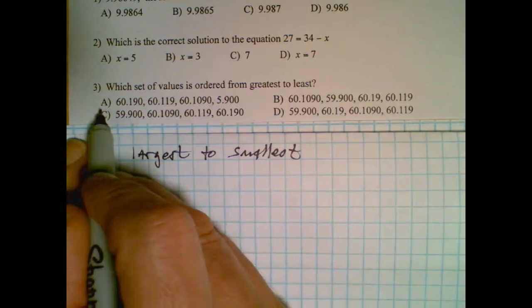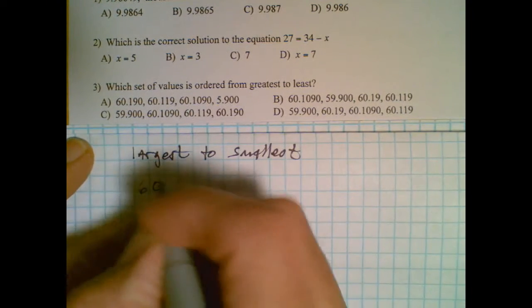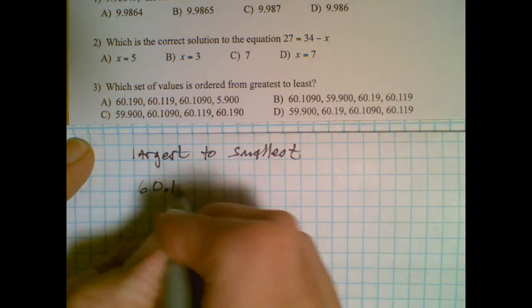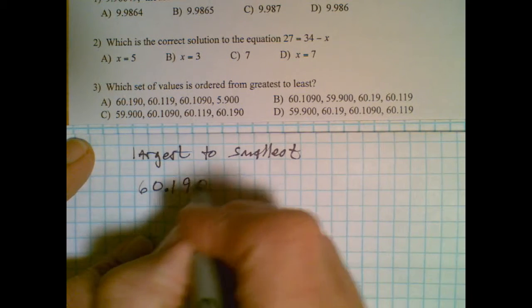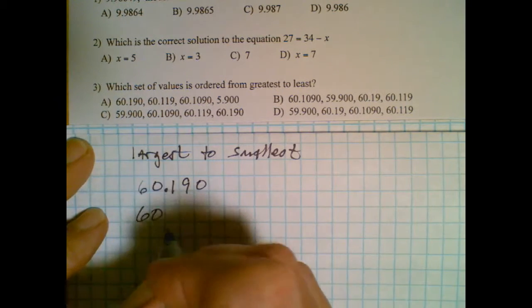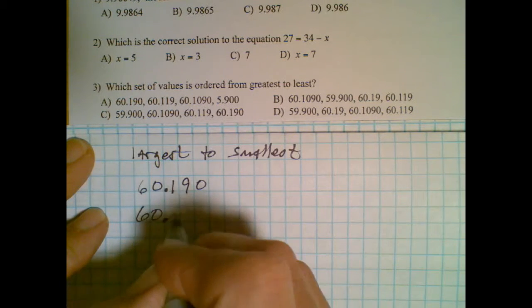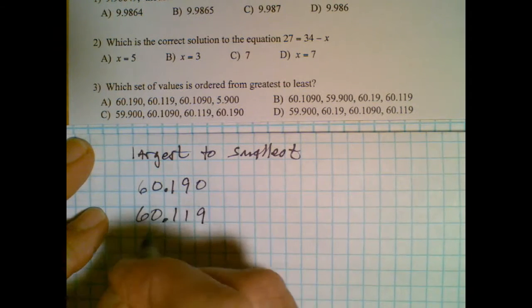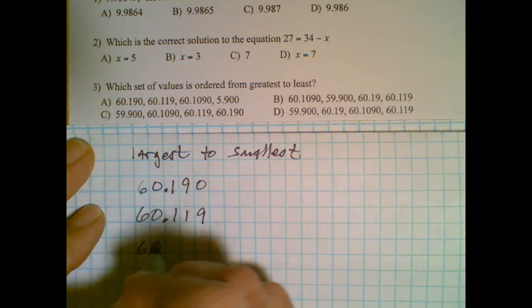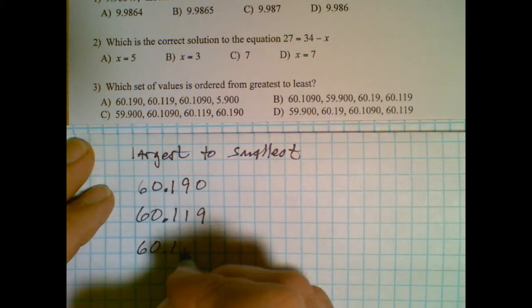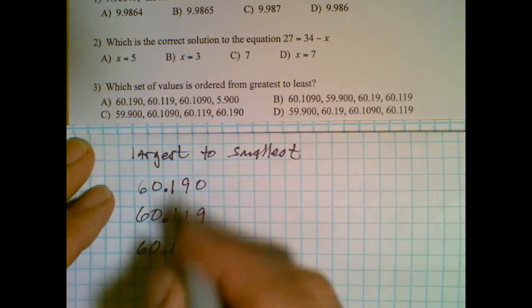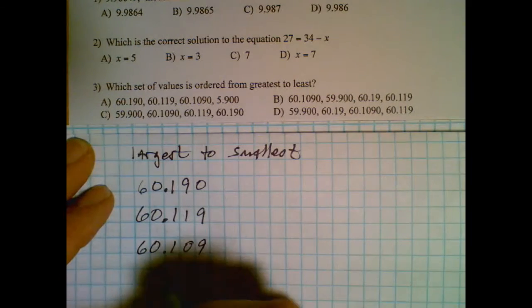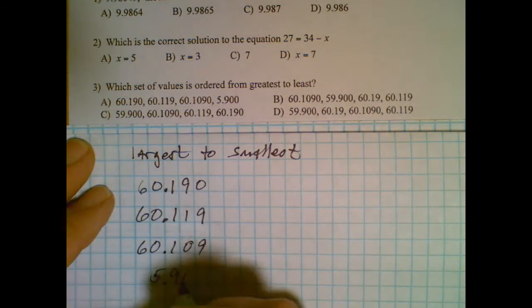So our correct answer is A. If we were to write that out, we would have 61,990, and then we'd have 60 and 119. And we have 60 and 109. And then we have 5 and 9 hundredths.